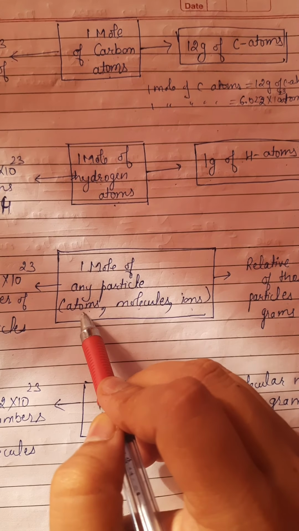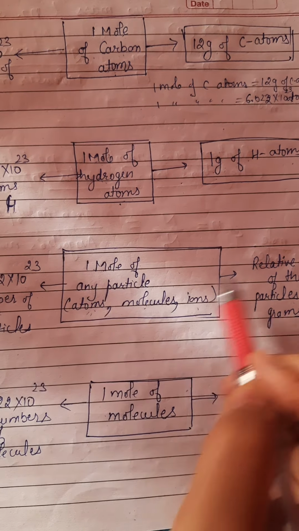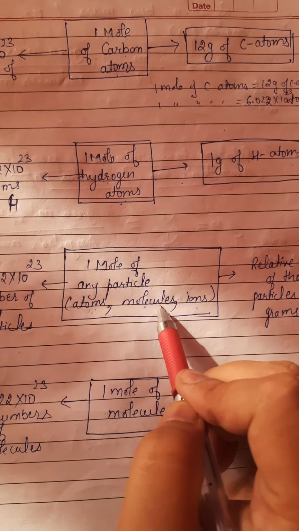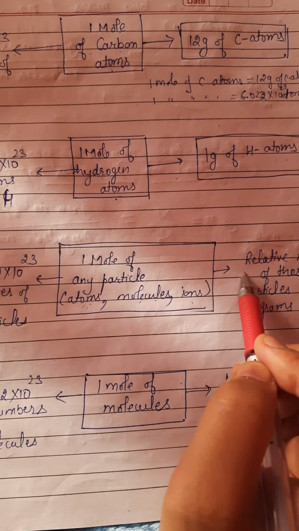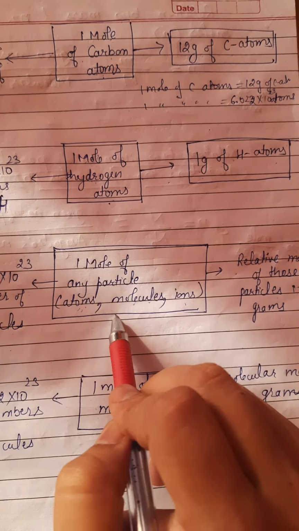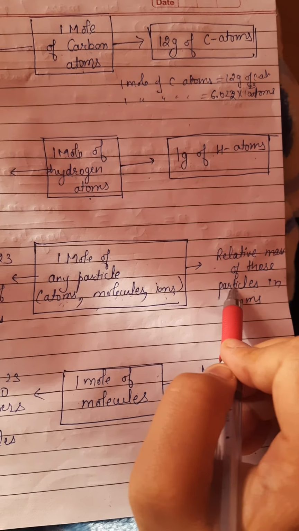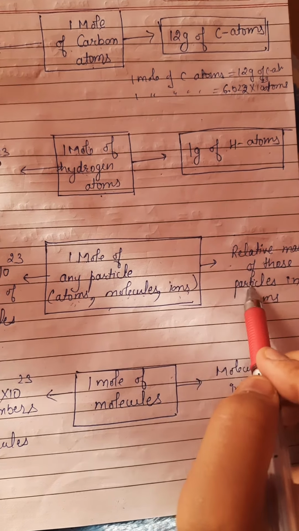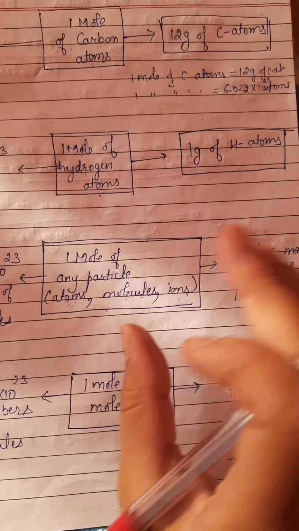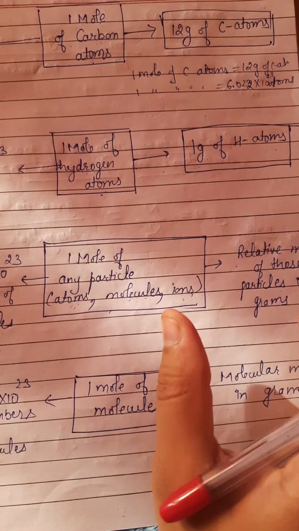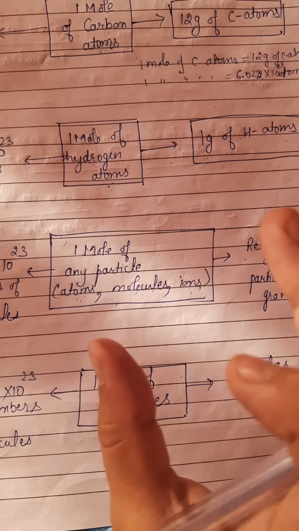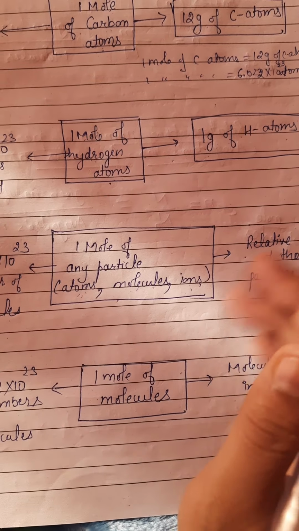When I am asking about 1 mole of any particle, meaning atoms, molecules or ions: if I am taking atoms, then atomic mass; if I am taking a molecule, then it will be the molecular mass of that compound. If I am talking about ions, then the formula mass of that compound. In case of ionic or crystalline solids, we are taking formula mass.